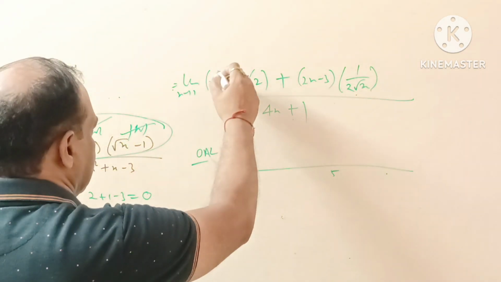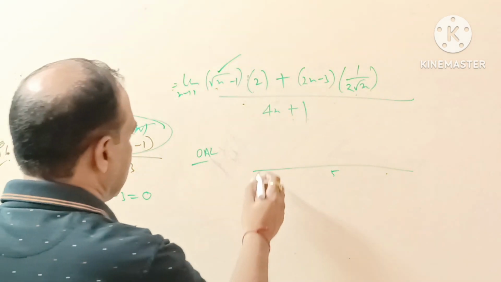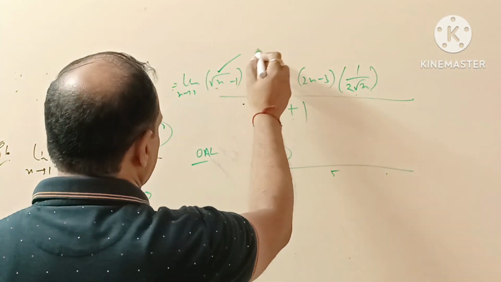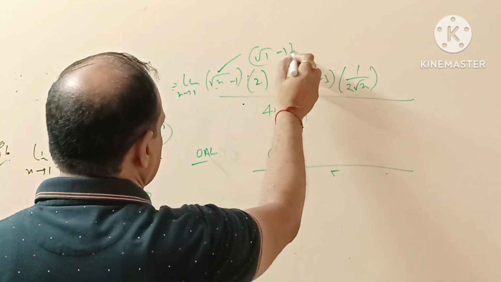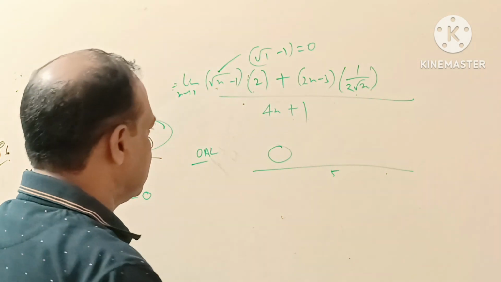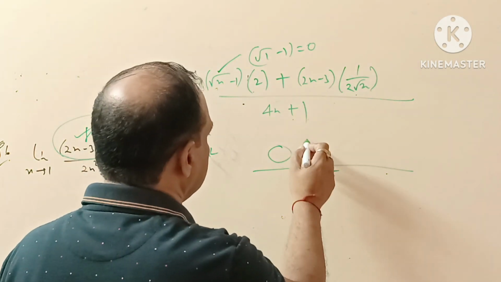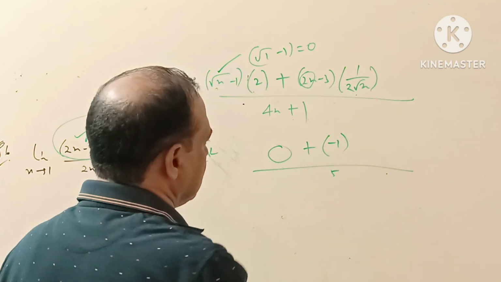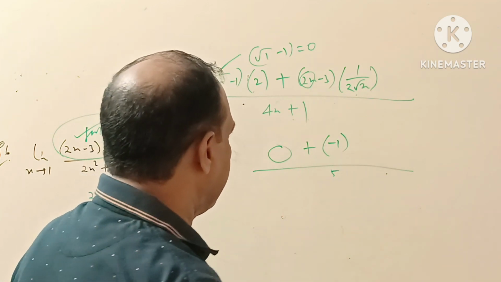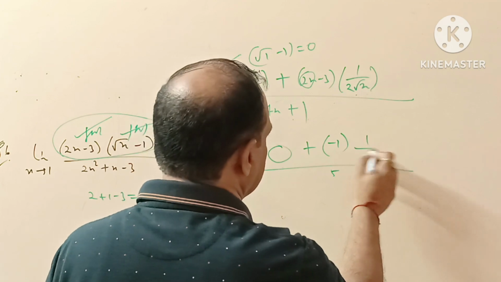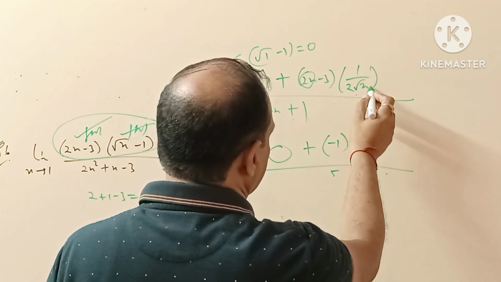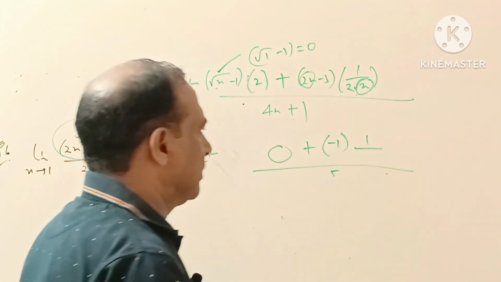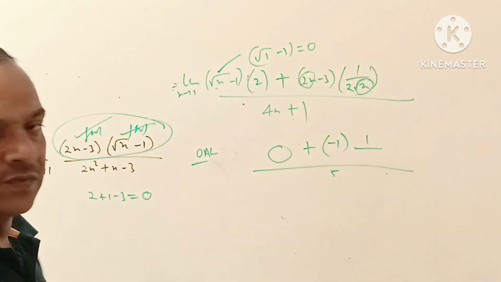Now here in the numerator, this is 1 under root 1 minus 1, which is equal to 0. If I put 1 in under root x minus 1, it equals 0, so this part has gone to 0, plus 2x minus 3, this is 2 minus 3, which gives you minus 1. And in the denominator this is 2 root x, and if I put x as 1, I will be having 2 times root 1, which is equal to 2.